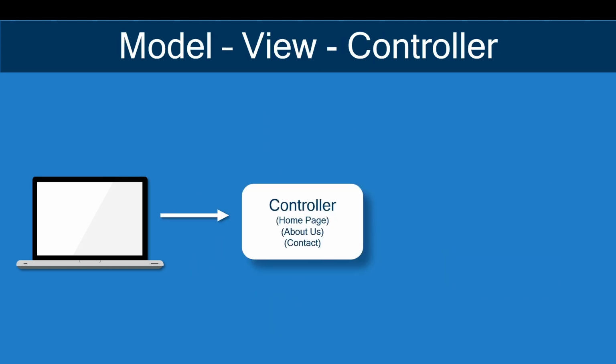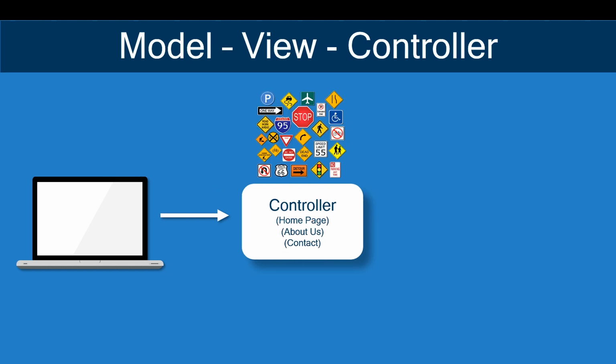Now the model view controller simplifies this and restructures this so that we can have a much cleaner and much easier way to work. The way the model view controller works is that the client will ask a single controller about some of the pages, like home page, About Us, contact page, and then the controller has rules knowing which page and which content and which validation, etc., to use in order to retrieve a full page.